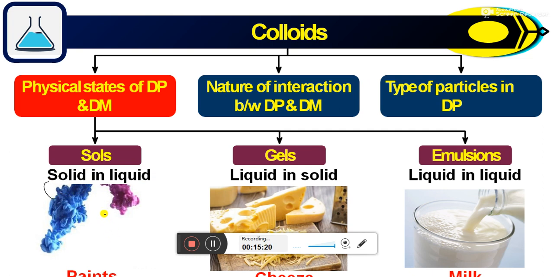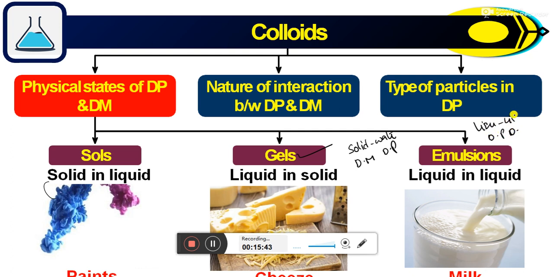Cheese is a gel. Here a solid contains a small amount of water. The solid is the dispersion medium and water is the dispersion phase. Emulsion is when the dispersion phase is also liquid and the dispersion medium is also liquid.